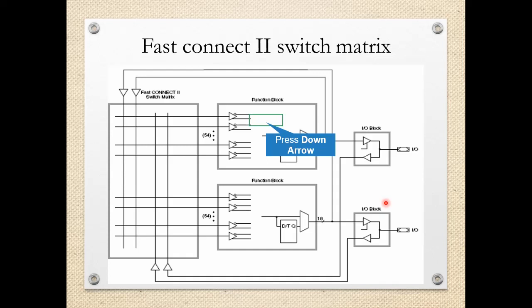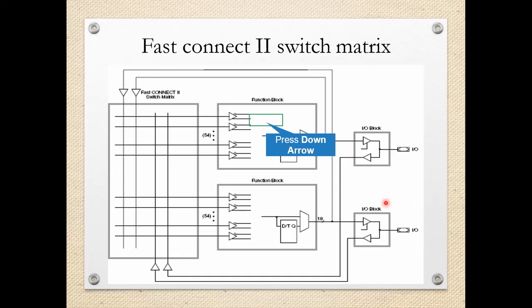So 54 to this first block, 54 to the second, and how these will be interconnected, that is through this fast connect switch matrix, which is programmable. Either we can connect this to the internal logic, another function block, or through the same matrix we can connect it to the IO blocks. That is also possible.